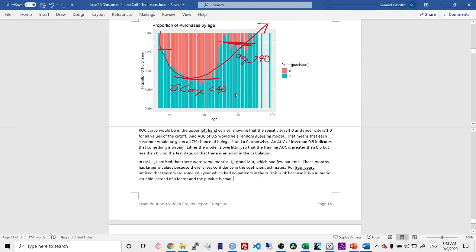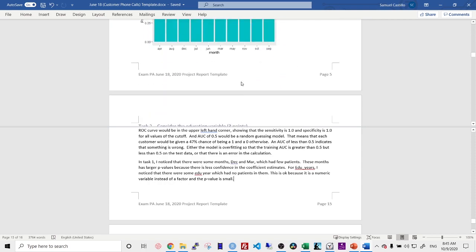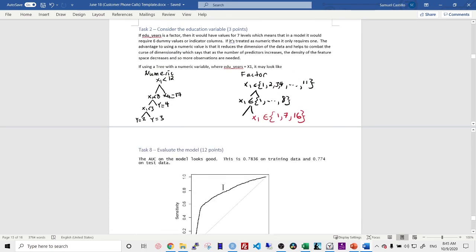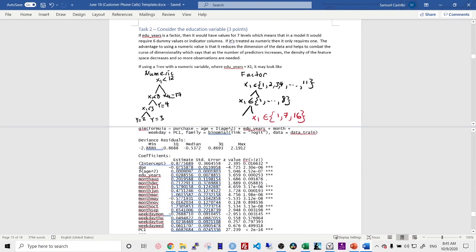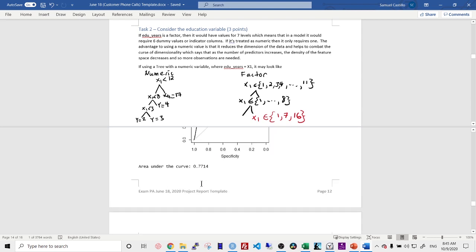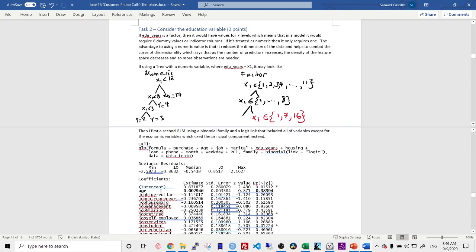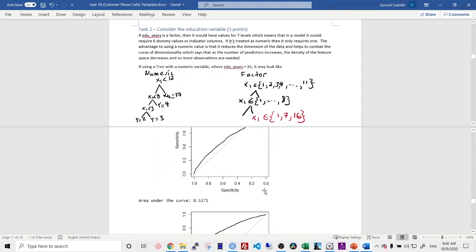For the age variable, I found that I needed to add a squared term in order to make it more predictive. And I can see here again that age and age squared are both significant predictors. They have opposite coefficients. And remember that when I fit the model that just had age in it, the coefficient was not significant. See here? This model is just using age and it's not predictive.